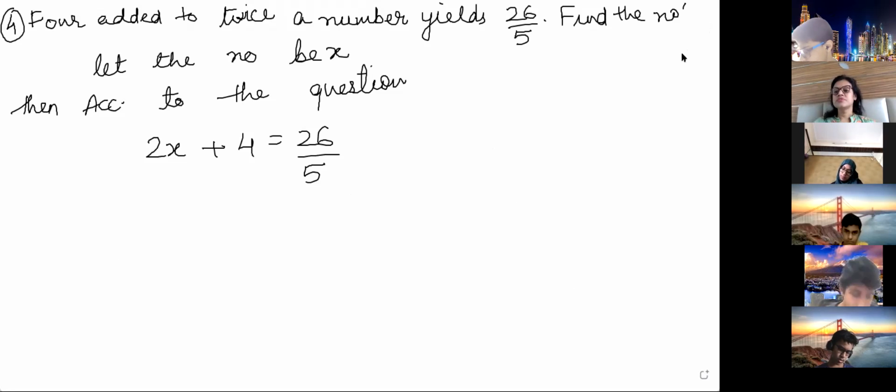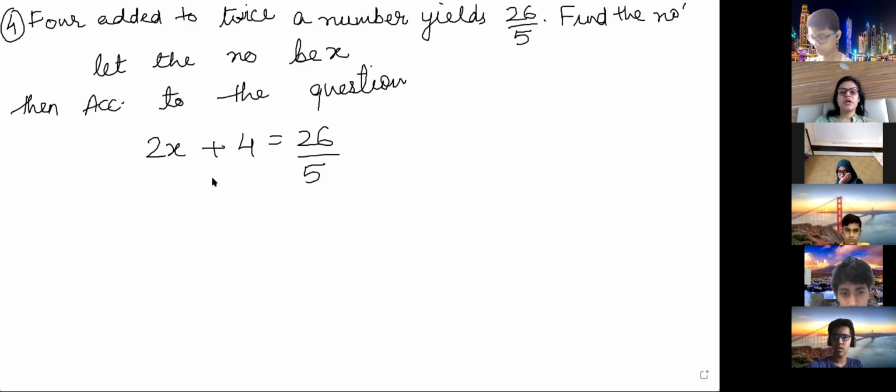How much? 4.4 upon 2. Just give me in chat. Numerator and denominator, don't write decimals like that. Make it a whole number. Then you are getting 2.2, right? So okay, we'll have to check it.